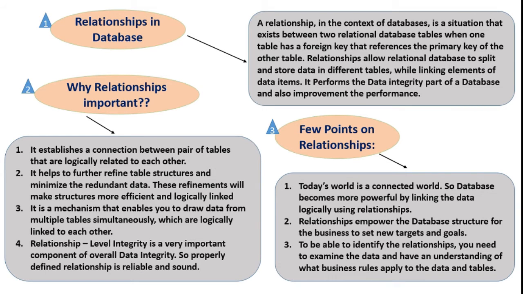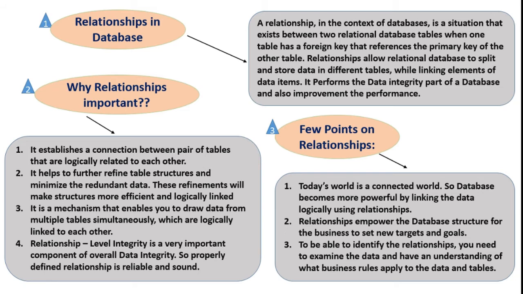It performs the data integrity part of a database and also improves performance. Relationships means we are talking about RDBMS, the relational database management system, which is based on the relational model. That's where this relationships concept has come into the picture.